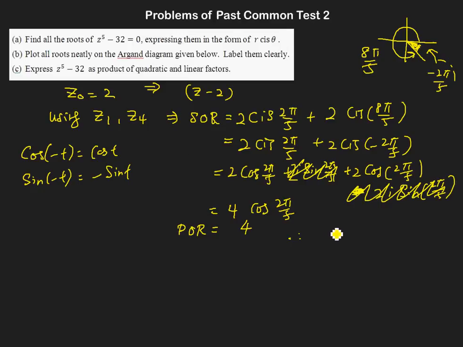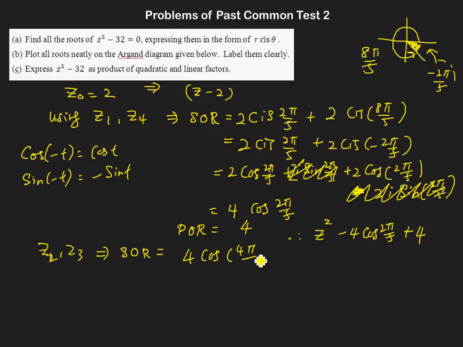z squared minus 4 cos 2 pi over 5 z plus 4. Now if you repeat this with Z2 and Z3, the sum of roots would be 4 cosine 4 pi over 5.